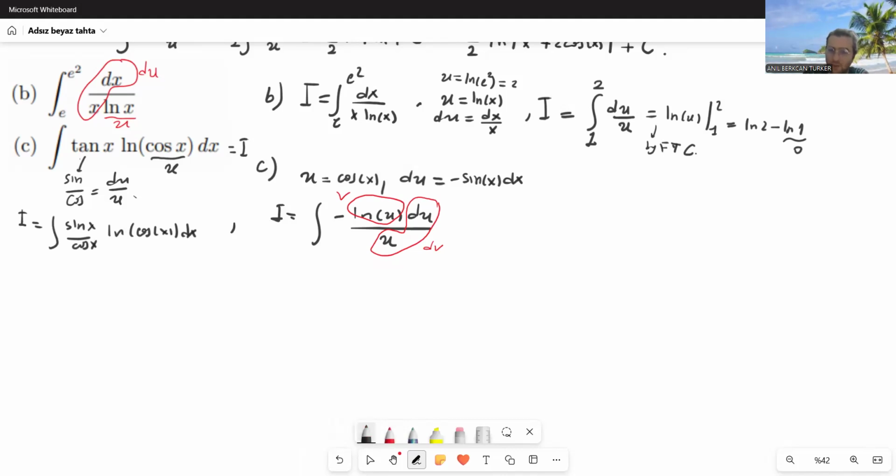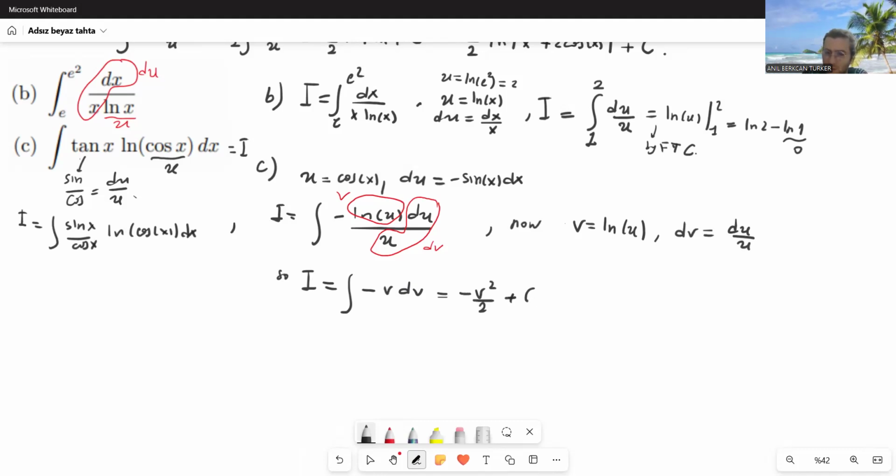Now define again v equals ln u. Now dv is equal to du over u. So your integral becomes minus the integral of v dv. It is very easy to calculate, which is just minus v squared over 2 plus some constant.